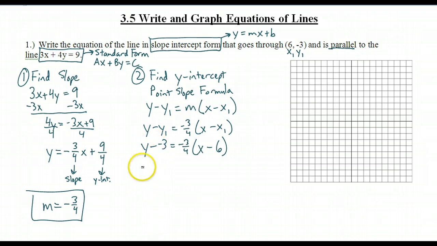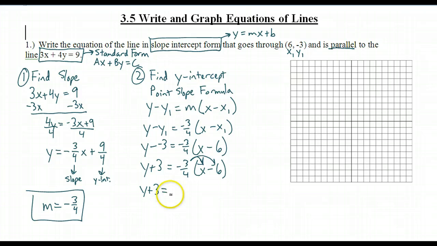y minus negative 3 turns into y plus 3. And now I can solve for y. First step, distribute. Negative 3/4 times x is negative 3/4 x.